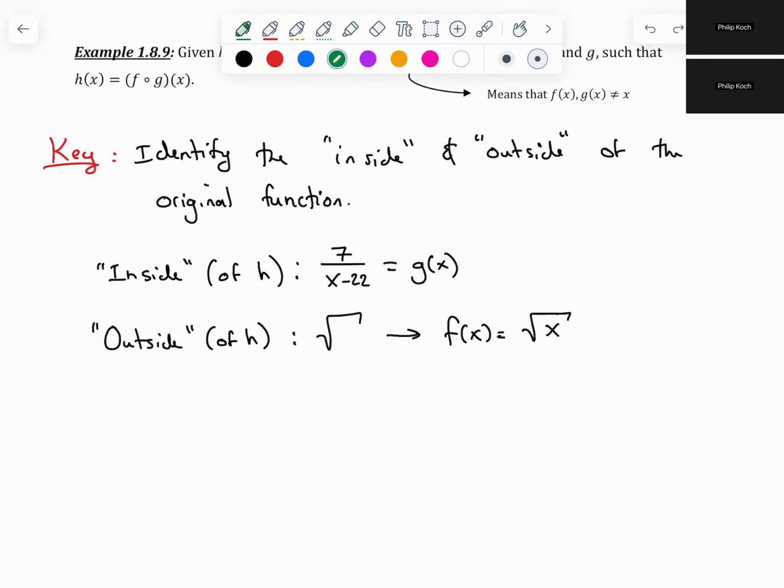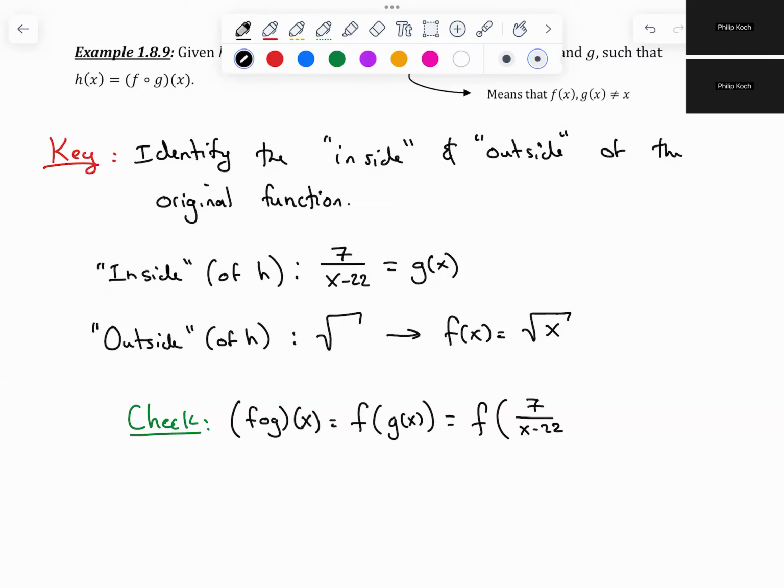And we can check our work. This is good practice because it practices our knowledge of how to do compositions of functions. f composed of g of x is by definition f of g of x. And g of x is 7 over x minus 22. So this is f of 7 over x minus 22.